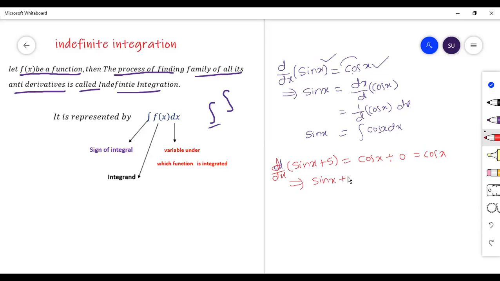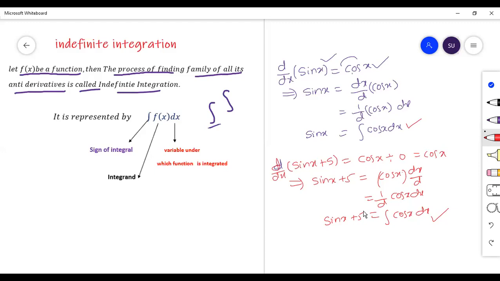Integral of cos x dx is equal to sin x plus 5. See here, in the first example, we got the integral of cos x is sin x. But from this example, the integral of cos x dx is sin x plus 5.